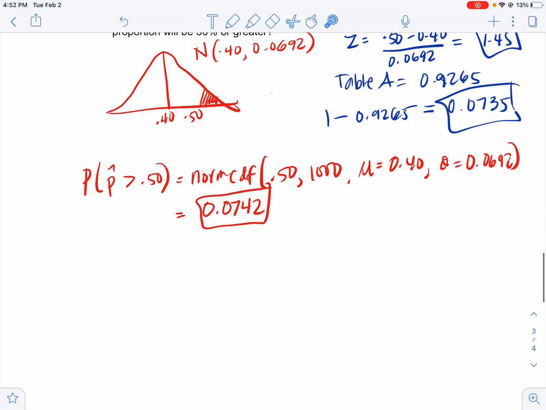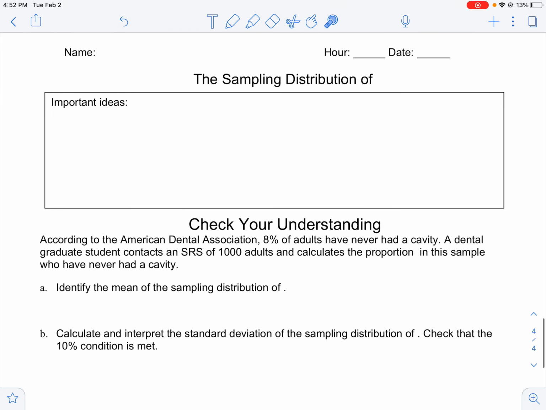Okay. What else do we have here? We have our important ideas. What are the formulas that we have used today? We use that the mean of p hat is equal to p.